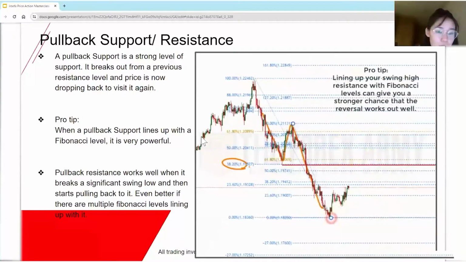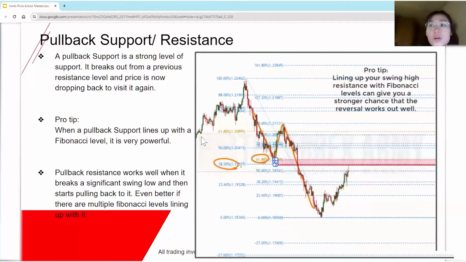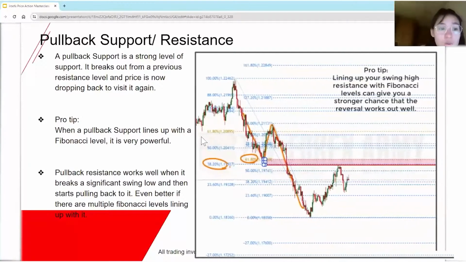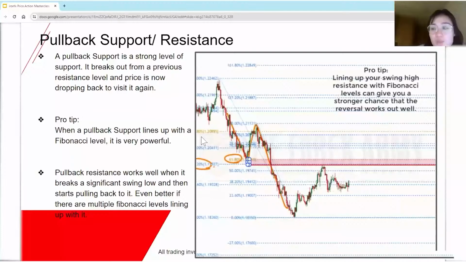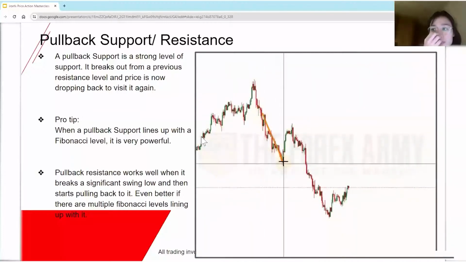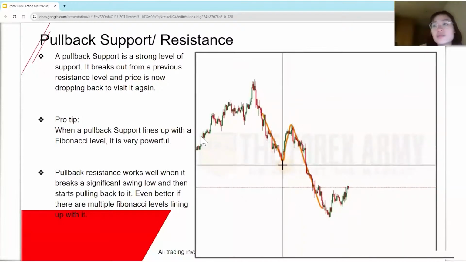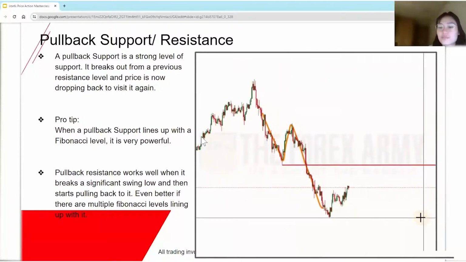So when a pullback support level lines up with a Fibonacci level, it's very powerful. And these levels are also made powerful when you are able to spot a candlestick pattern as well. So this works well when it breaks a significant swing low and then starts pulling back to it. It's even better if there are multiple Fibonacci levels that line up with it.